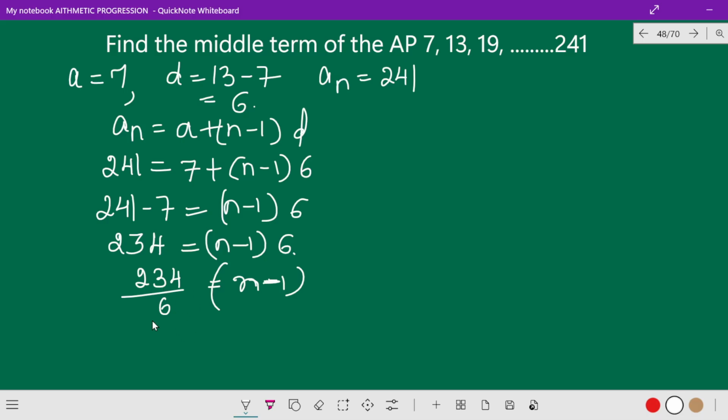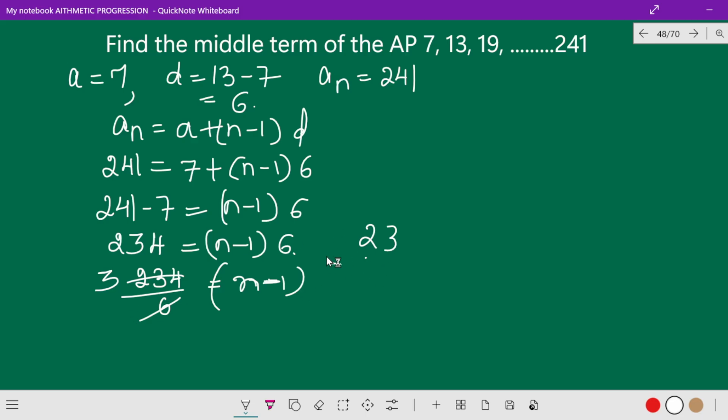Then 234 divided by 6: 6 ones are 6, 6 twos are 12, 6 threes are 18. Then 23 minus 18 will be 5.